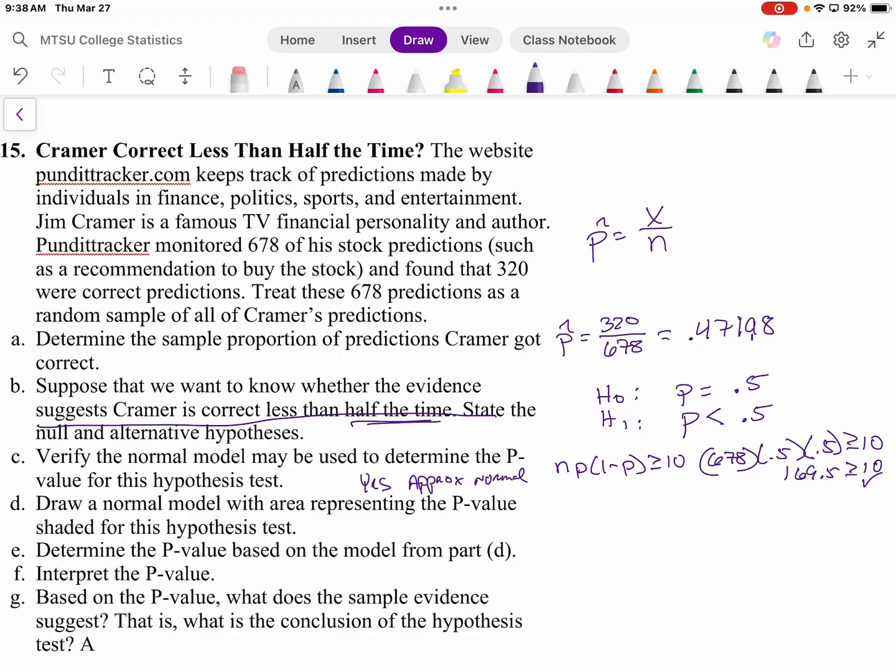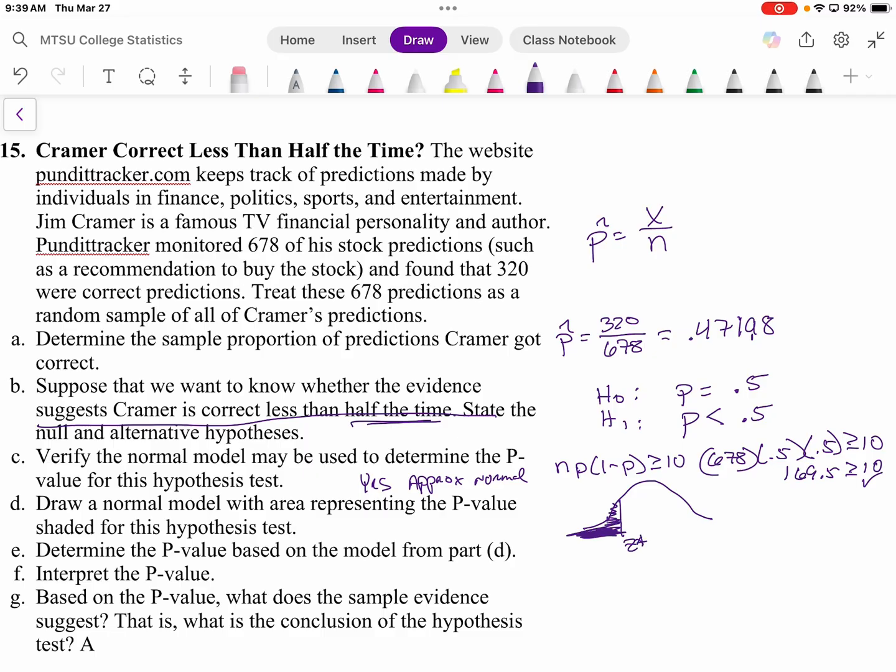Part D says draw a normal model with area representing the p-value shaded for this hypothesis test. With this in mind, as I draw the normal model, we are doing a less than, which means that I would draw a vertical line to indicate where my z star is.